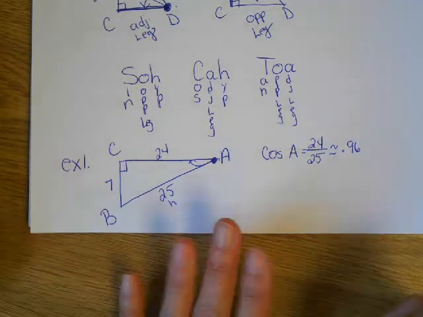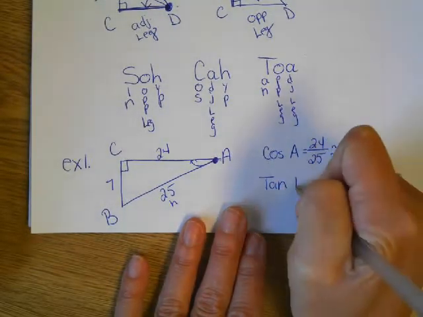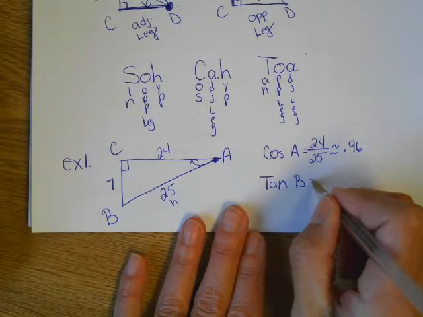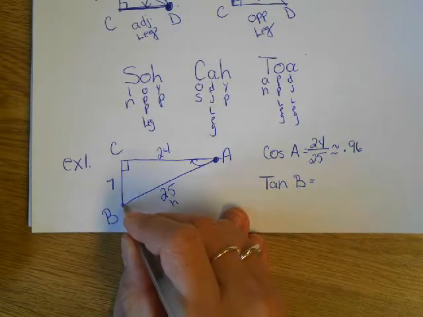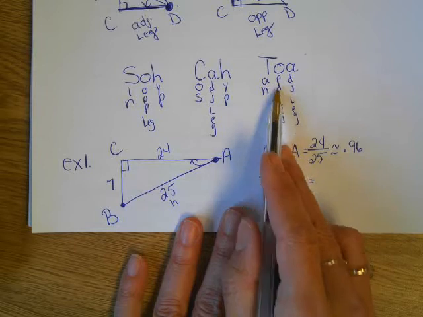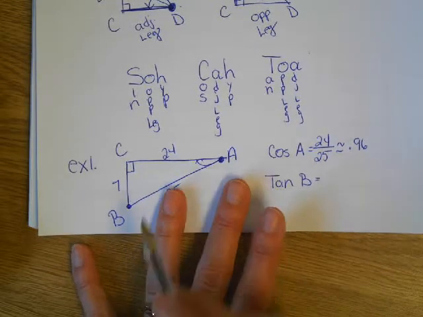All right, let's try another one. Let's take the tangent ratio from angle B. This is your reference, this is where you stand. So I'm standing on B, and tangent is opposite leg over adjacent leg. I'm not using that hypotenuse at all on tangent.